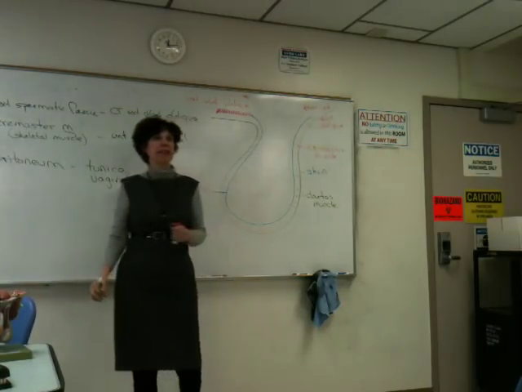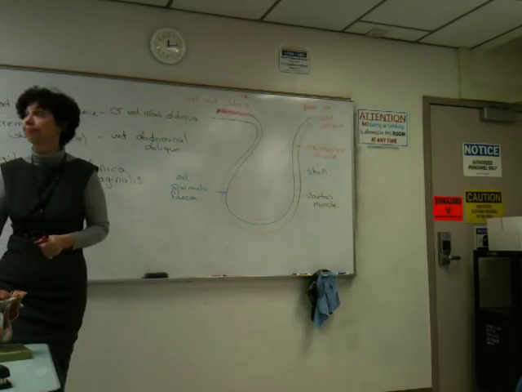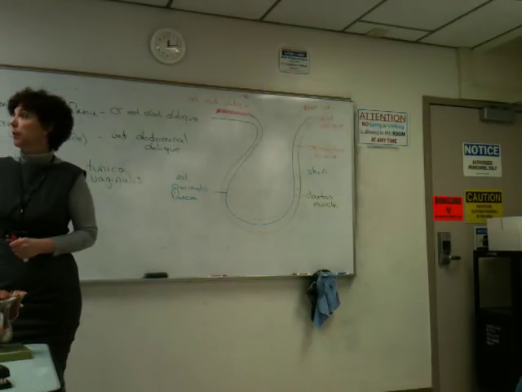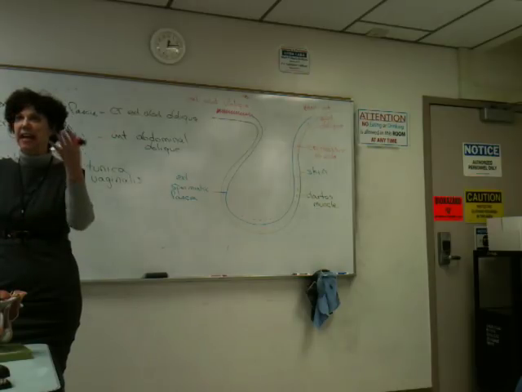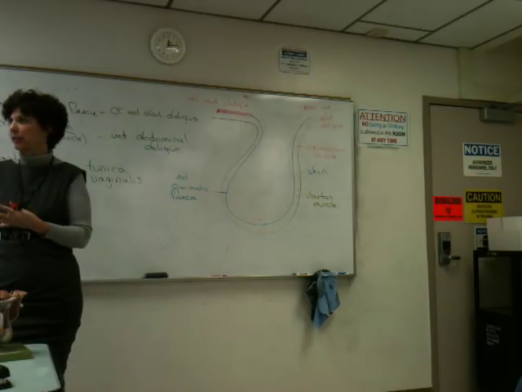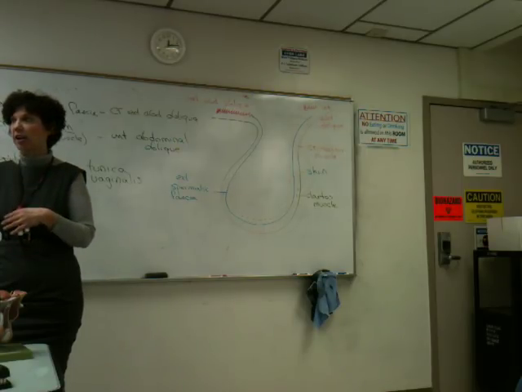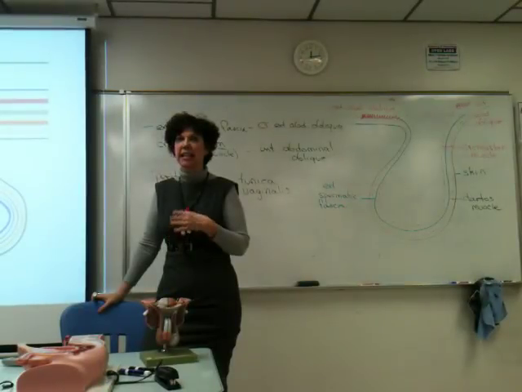You guys remember the definition of a serous membrane from Bio 430? The simple squamous epithelium that lines the body cavity and secretes a watery fluid. So in the lungs we have the pleura, around the heart we have the pericardium, and in the abdominal cavity we have peritoneum.